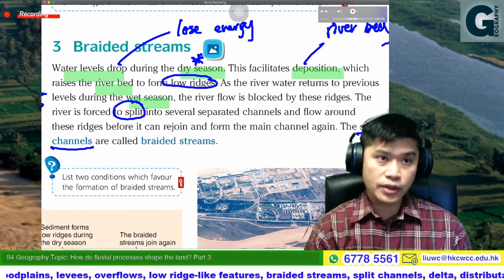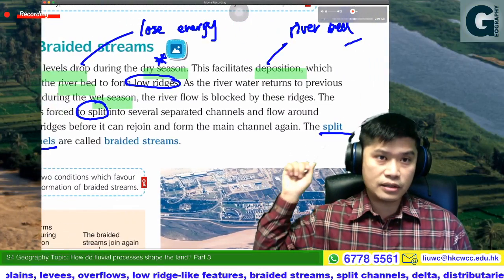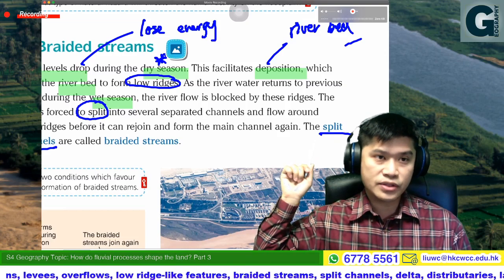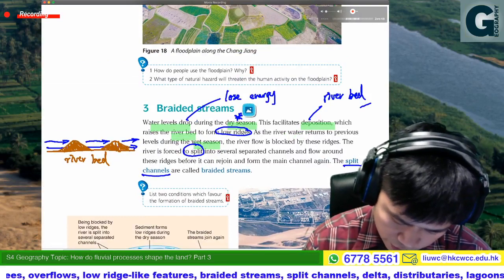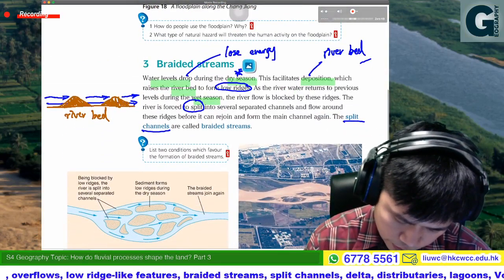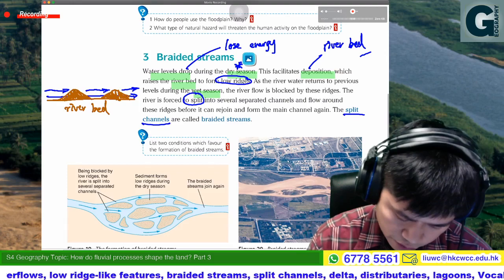So that is a braided stream. This is also like a split channel. Okay, so that would be the formation of a braided stream.